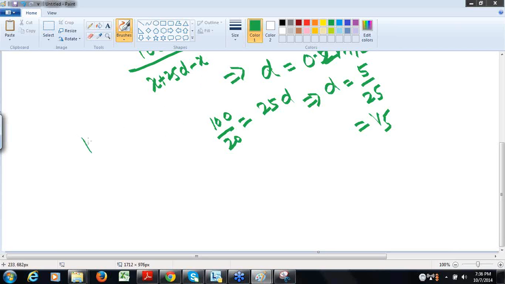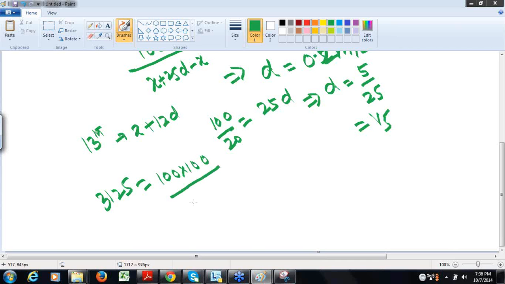The 13th speed is X plus 12D, and the time taken is 3125, which is equal to total distance, that means 100 into 100, upon the speed.